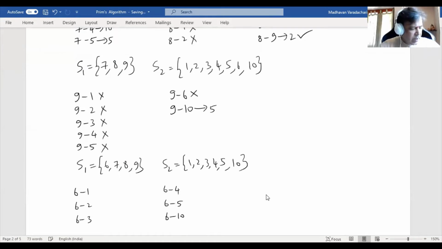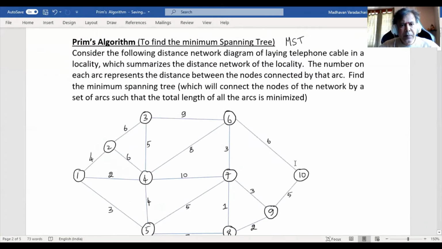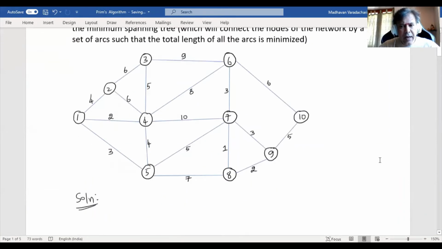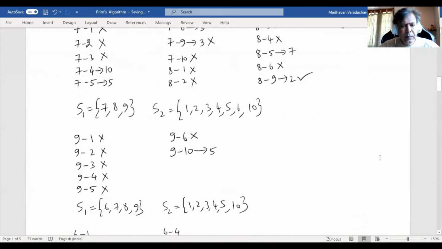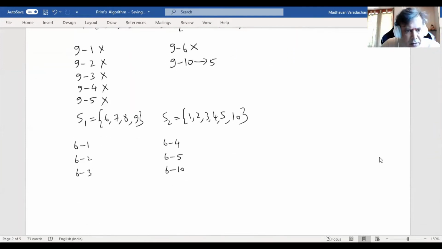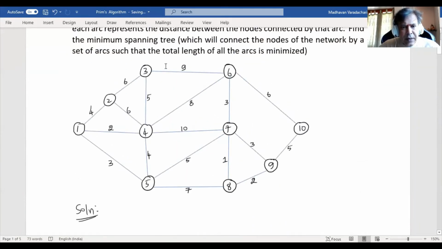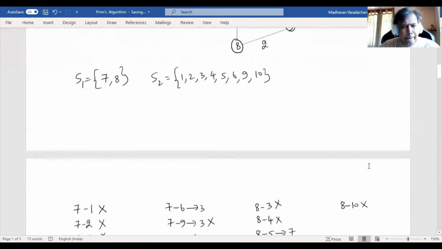Now let us check whether 6 to 1 is there or not in the diagram. 6 is here, 1 is here, there is no direct arc. So I have to put a cross there. Similar is the case for 6 to 2, there is no arc. 6 to 3, let us check 6 to 3. 6 is here, 3 is here, there is an arc and the distance is 9.